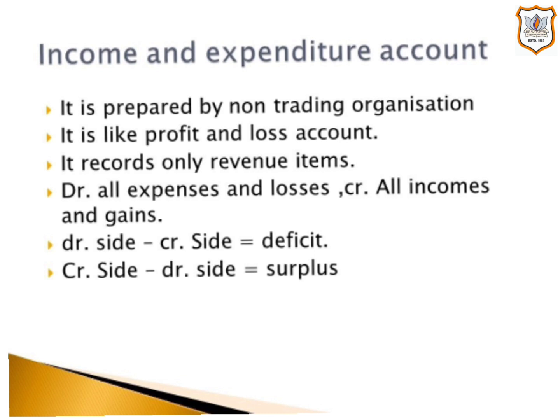Incomes are shown on the credit side and expenses on the debit side. The difference between the two sides is either surplus, if the total of the credit side is more than the total of the debit side, or deficit, if the total of the debit side is more than the total of the credit side. The surplus or deficit, as the case may be, is added to or deducted from the capital fund.